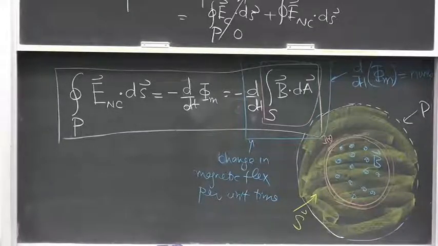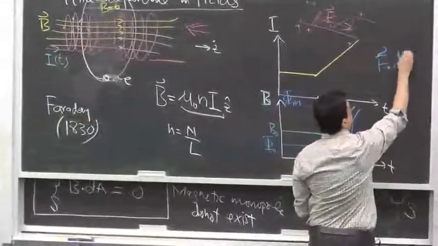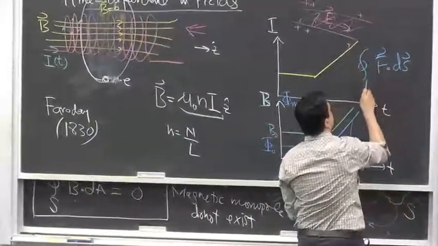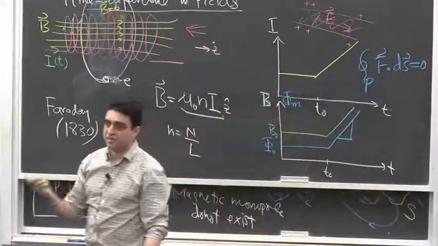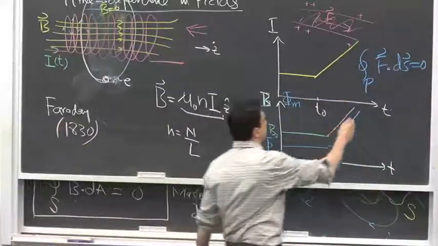Any field which is conservative, by conservative you mean that if you take F dot ds along a certain path, and if this equals 0, such a field is a conservative field. So this F is conservative.